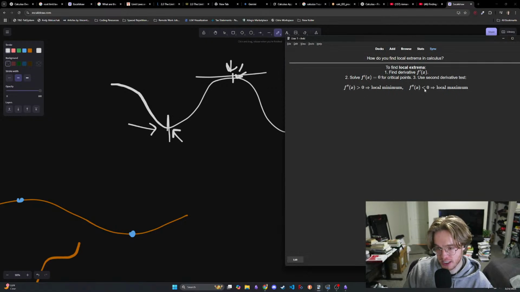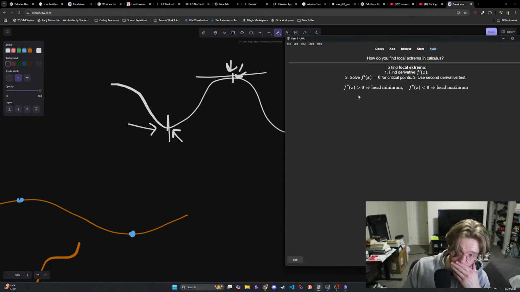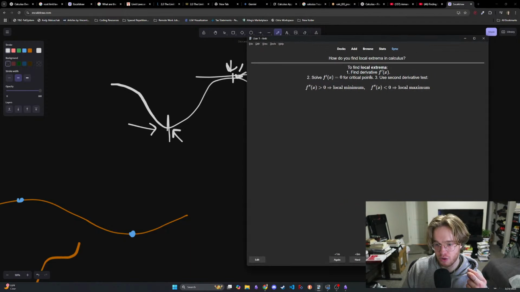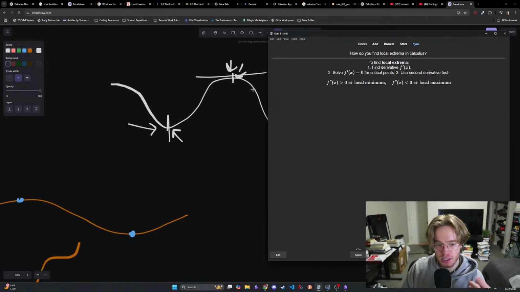I don't understand why they, right, because, okay, let me describe. For me, it seems like it's not that we're talking about greater than or less than for the local minimum and local maximum. Obviously I'm going to dive in and figure out what the answer is, but I'm trying to generate a hypothesis here.